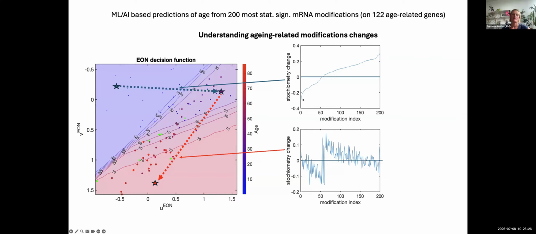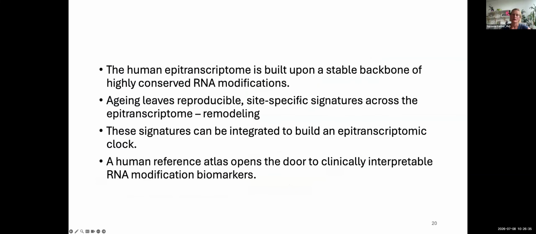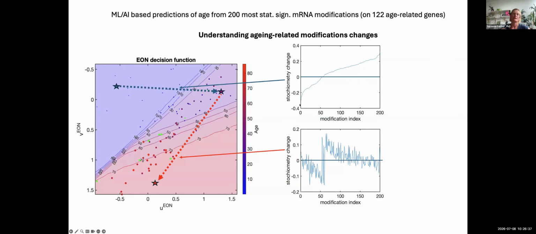These are the 200 genes that we used to train this model, and obviously these are the modification sites that decrease during this aging process from child to adult, and these all are those where the modification level increases from childhood to adulthood.